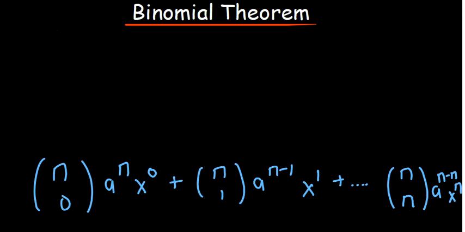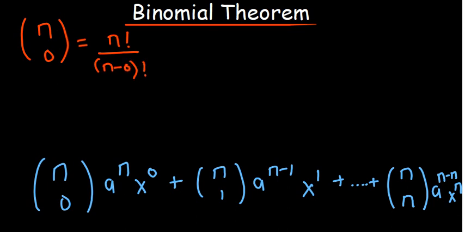Okay, so how do we handle this? We want to simplify this more than we have it right now. So what I'm trying to say is, if you look at n choose 0, that is the same as n factorial over n minus 0 factorial, times 0 factorial. So that is the same as n factorial.